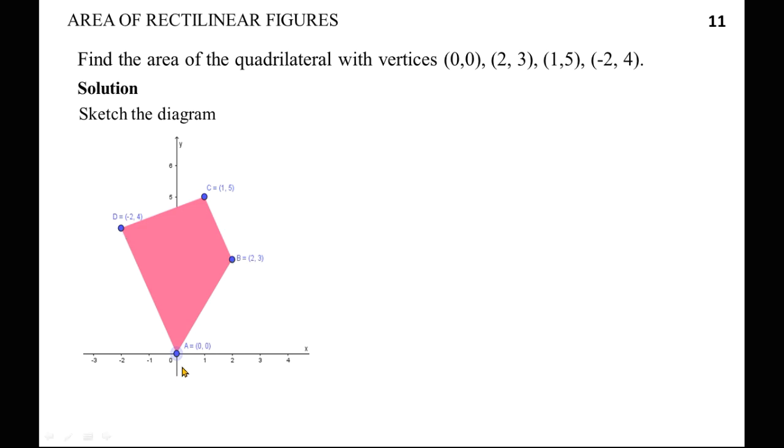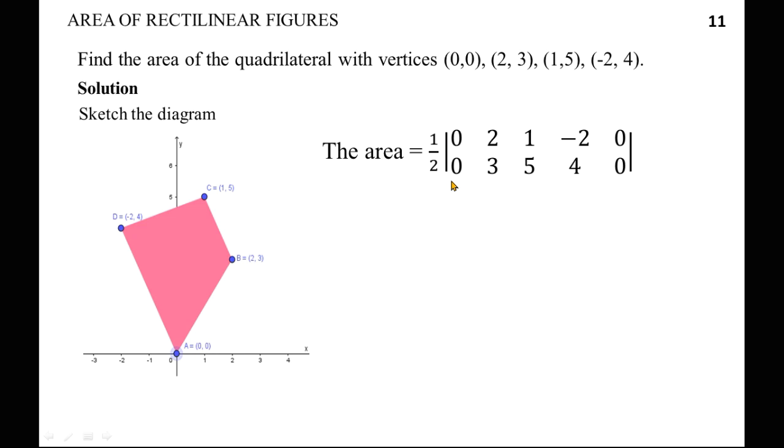Every 2 points will be joined by a straight line: A to B, B to C, C to D, D to A. So this is the region that we need to find the area of.